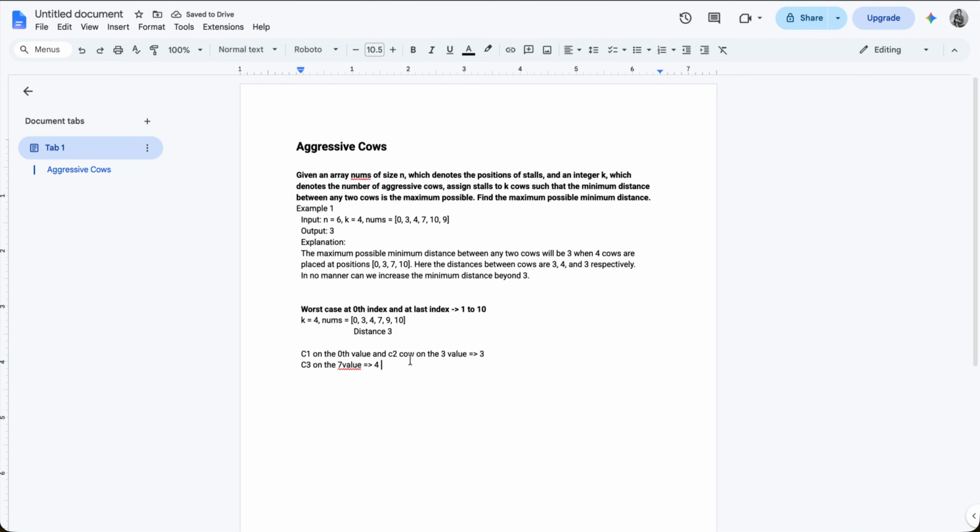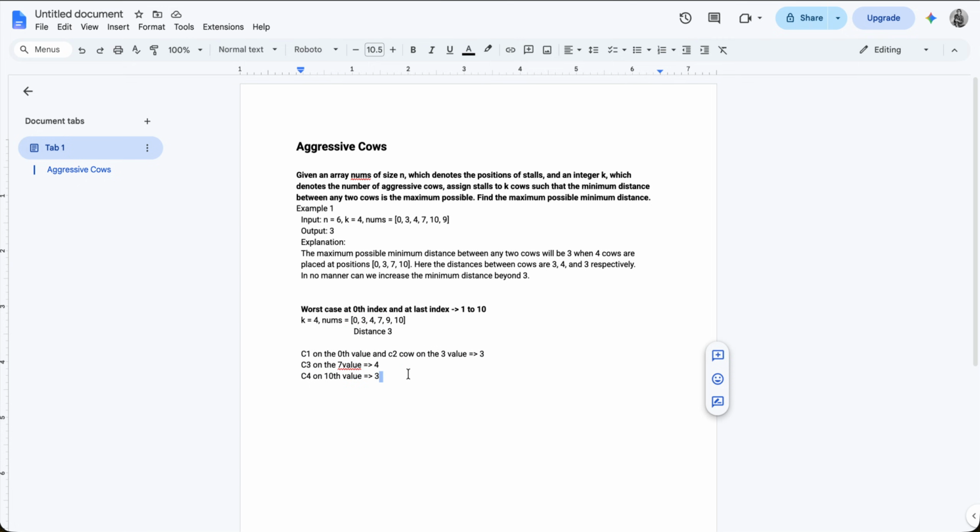If I go next and place a cow c4 on the 9, which is not possible because the distance is 2 over here, so I have to place c4 on the 10th value, and the distance between c3 and c4 cow is 3, which is what I'm looking for. So basically I found out that distance 3 is also possible. Now distance 3 is my answer.